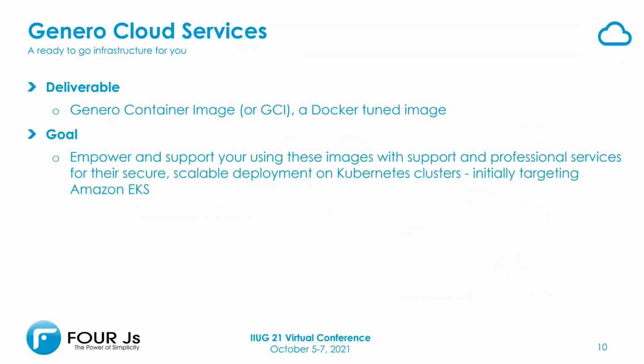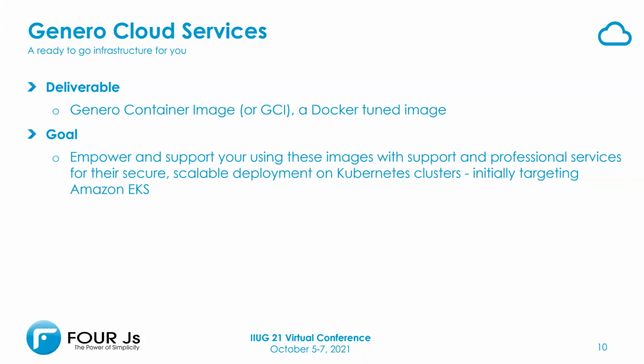So I was talking about the Genero packages and the Genero products that you have to install, etc. Since we're talking about infrastructure, I just want to take a couple of slides talking about Genero Cloud Services, which is a product that we provide as well, and it comes as a Genero container image.